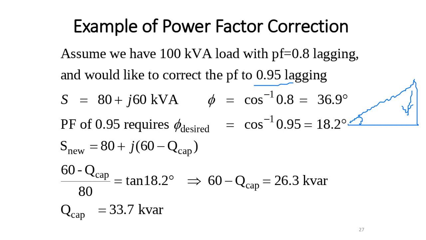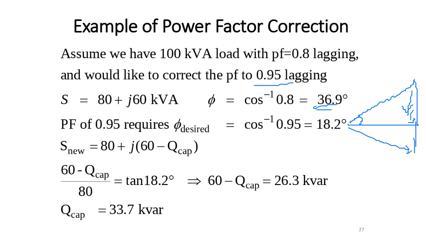Okay. So with too much reactive power, this angle here we bring it down to zero angle, which is power factor 1. Then if we keep decreasing the angle, S becomes here like this.